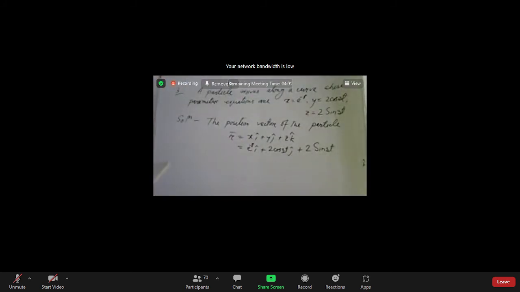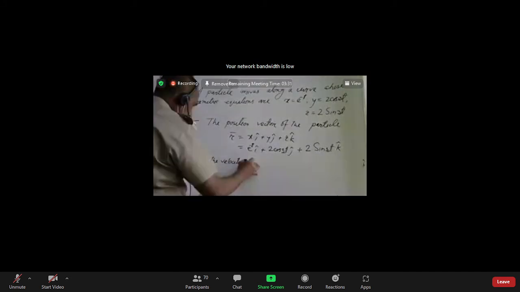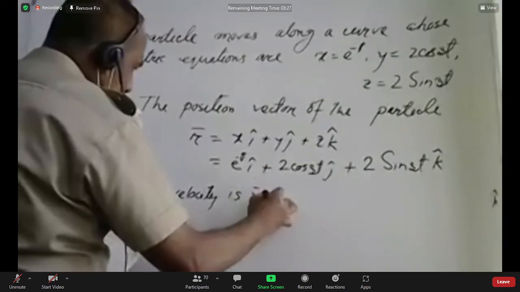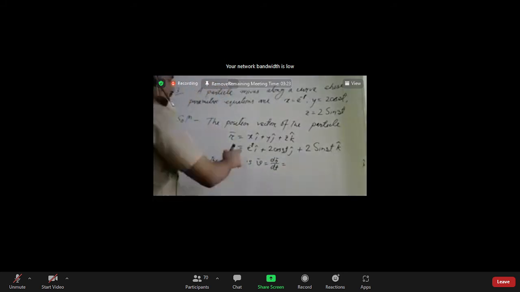Okay. So now, if r is this, then velocity is what? dr by dt, right? Very good. So you know that thing. Then the velocity v is equal to dr by dt. So dr by dt is what? Just differentiate e to the power minus t.